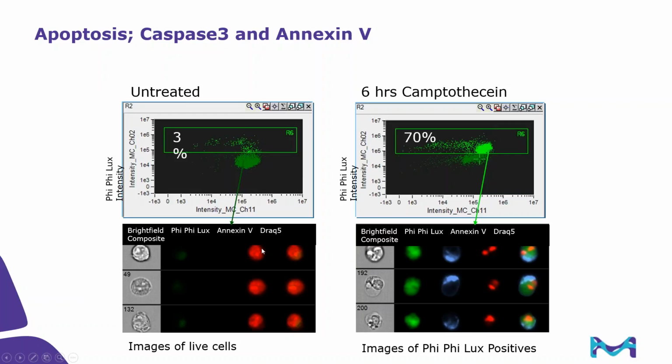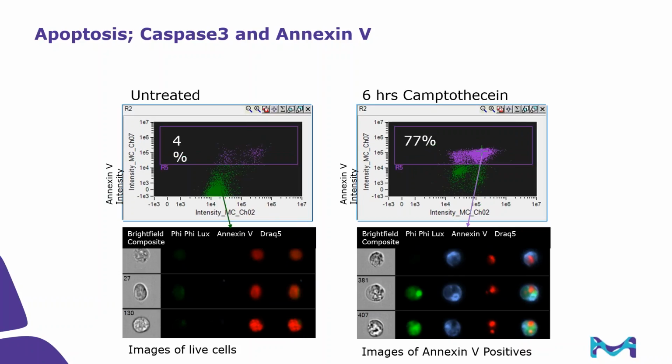You look at the associated nuclear morphology, you can see we have nice round nuclei here. After 6 hours of camptothecin, we get about 70% of the cells are apoptotic. We have fragmented nuclei. The cells are simultaneously positive for annexin 5, as you would expect, and they're bright for caspase 3, indicating that these cells are apoptotic.